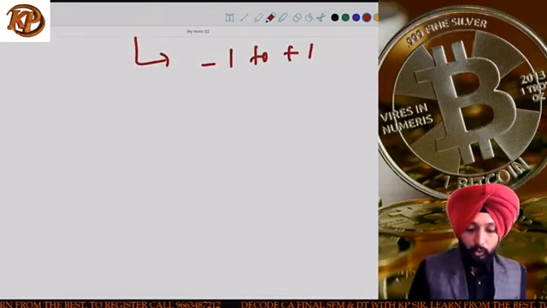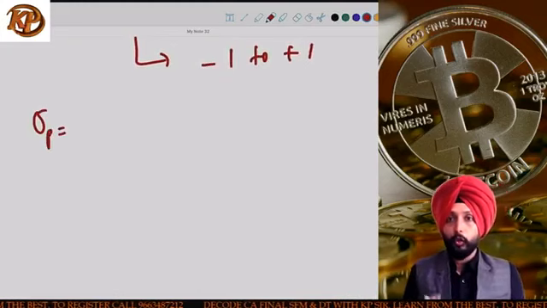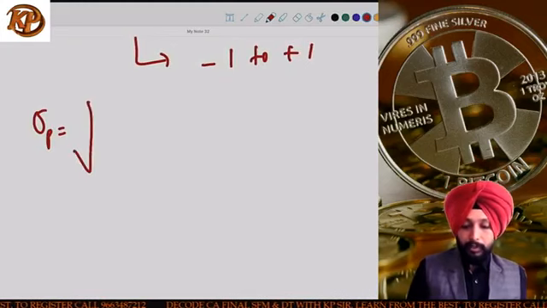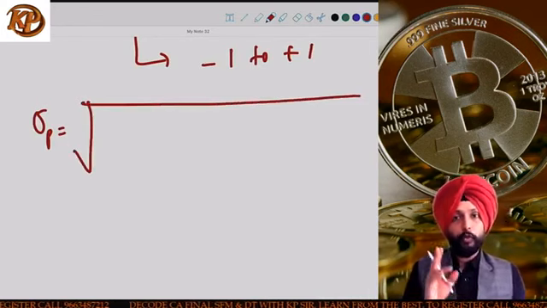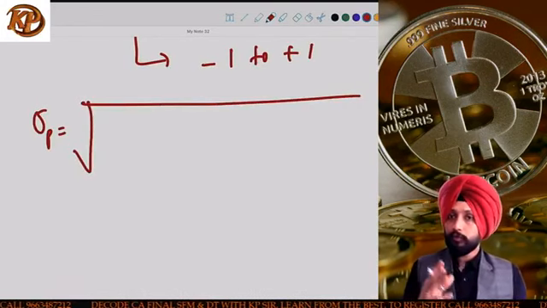Now we need to find out the standard deviation of a portfolio. If you remember, I told you standard deviation of a portfolio is calculated for 2 stocks or for 3 stocks.